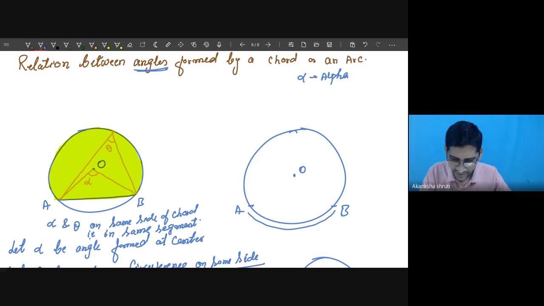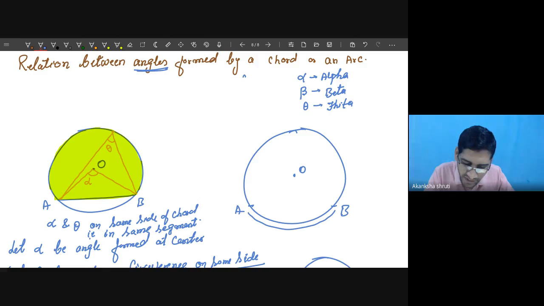This is commonly used in mathematics for denoting angles and other things. This B, keep in mind here it is open slightly and one of the ends is longer. It is called beta. And this zero with a cut at the center is called theta.